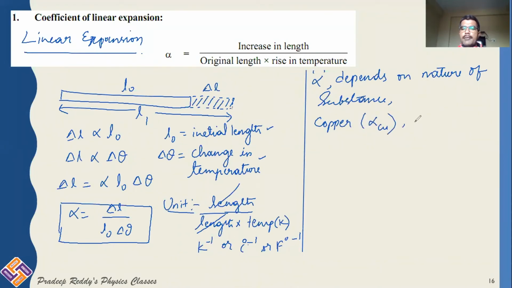Similarly, aluminum has alpha Al. Therefore, based on that alpha value, substances expand differently along length depending on the nature of that particular material. This is the first type of expansion called linear expansion, where you get the coefficient of linear expansion.